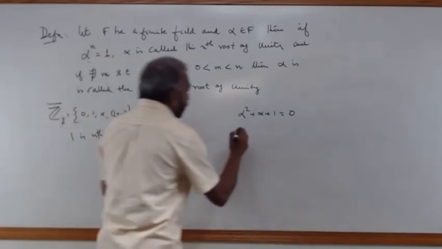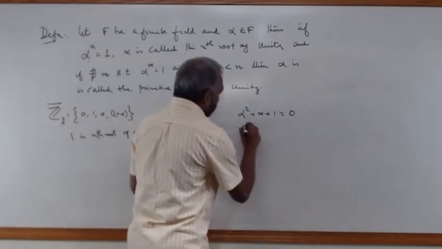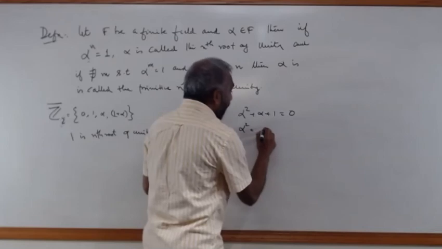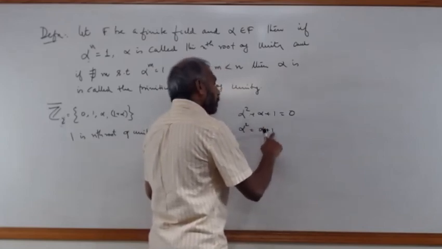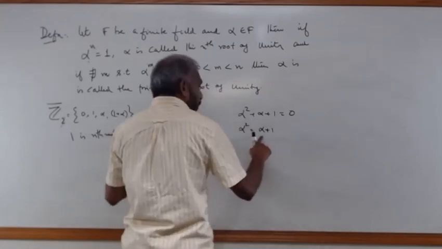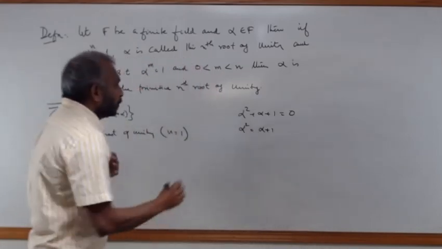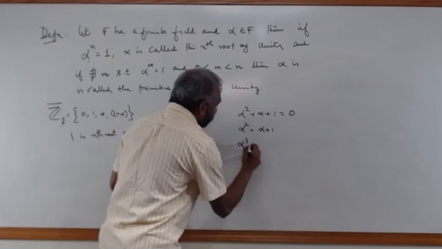Alpha square is actually alpha plus 1, because if you take minus alpha minus 1, and minus alpha is both alpha plus 1. So alpha cube is what?